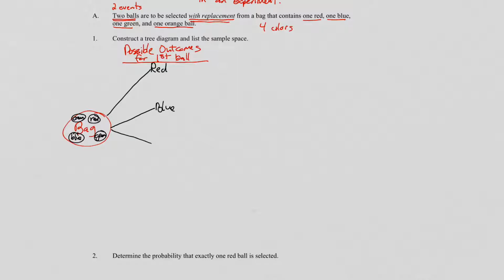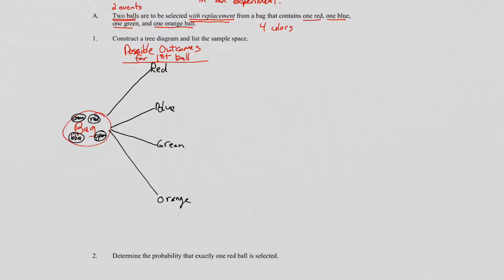We can also have a green ball, and we could also have an orange ball. So those are the possible outcomes for the first grab. There are 4 different outcomes, and then when we replace that ball back into the bag and we pick again, we have 4 options once more.